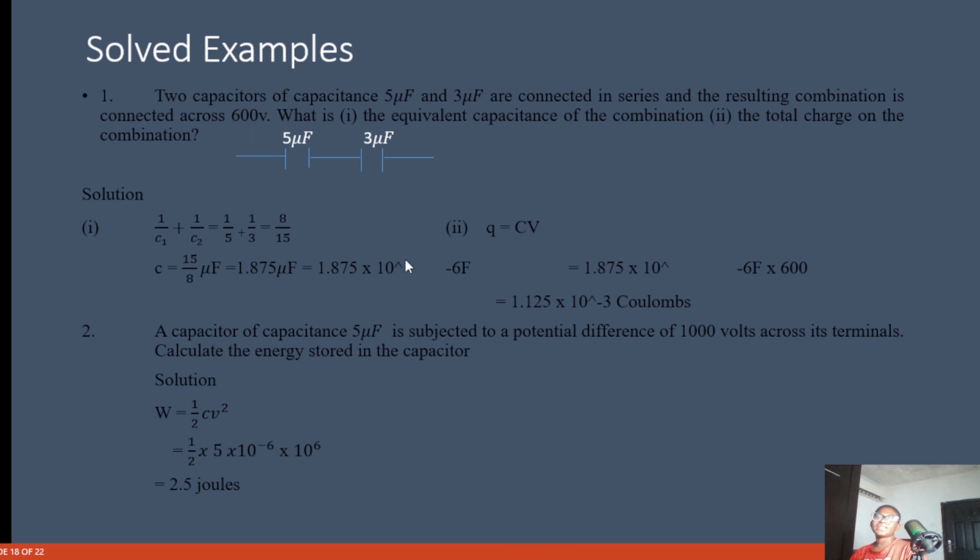Don't forget that we've already agreed that when capacitors are connected in series, to solve the equivalent capacitance, it's just the inverse addition, that is 1 over C1 plus 1 over C2, and we have 3 and we have 5. So let's go to our board to quickly do that.